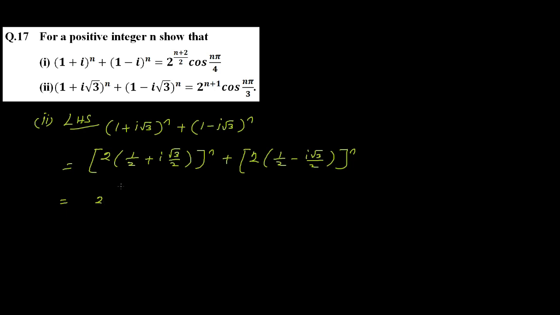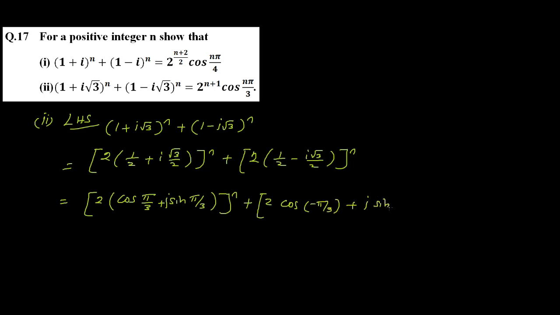So 2 is there, this 1 by 2 can be written as cos 60, that is cos pi by 3, plus i sin pi by 3, whole power n, plus again 2 into, this can be written as cos of minus pi by 3 plus i sin of minus pi by 3, whole to the power n.